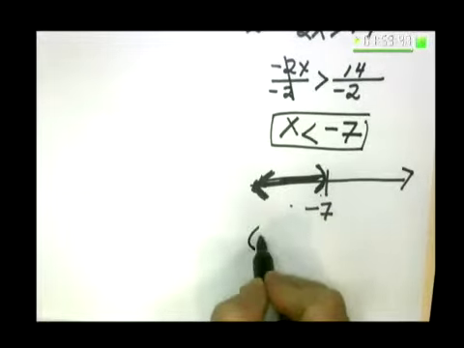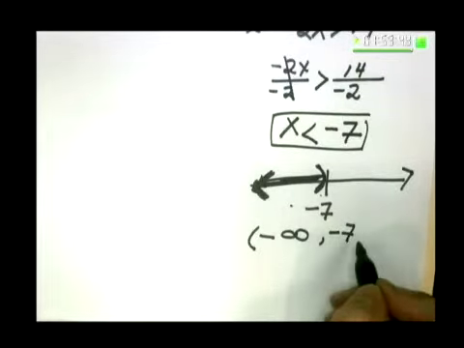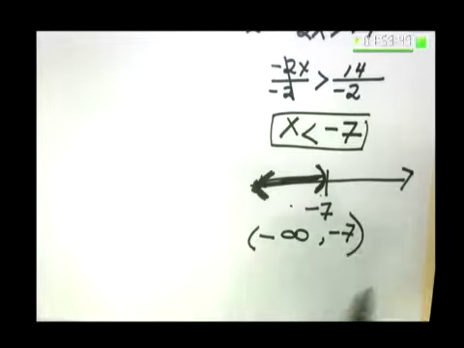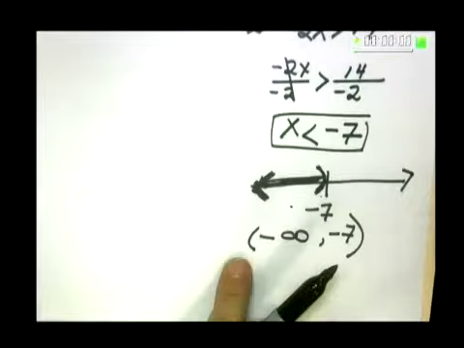So we write a parenthesis, negative infinity, up to negative 7, and since I'm not including negative 7, I write a parenthesis. That indicates in interval notation the complete solution set, always with a parenthesis because it never stops. You only use a bracket if you're stopping at a specific number.